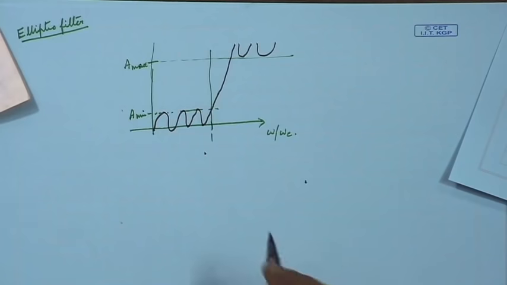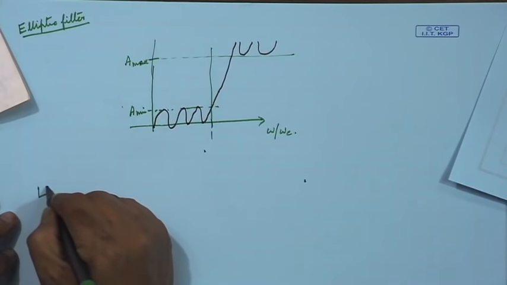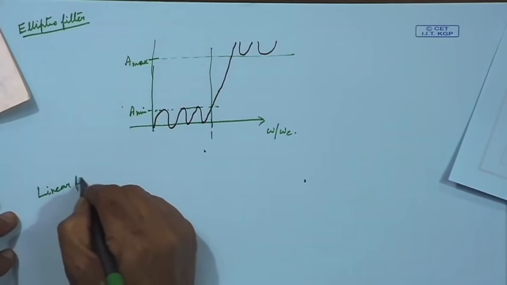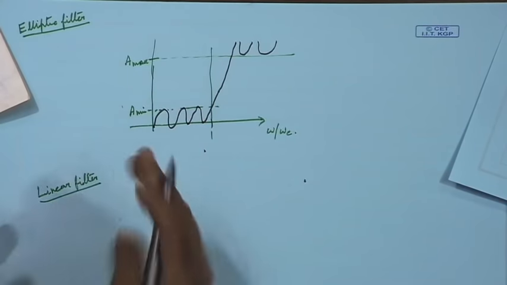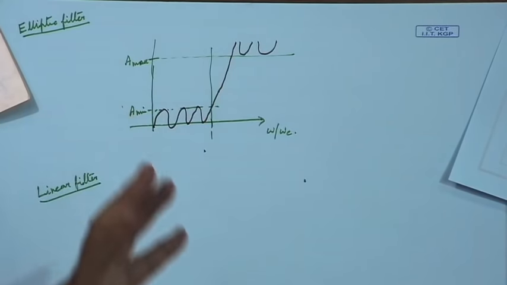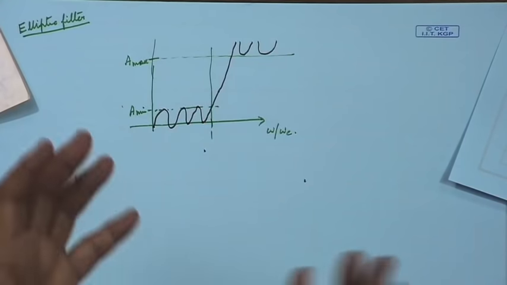elliptic. And there is another one. Sometimes in filters, if your baseband signal, or if you want to process the signal, any baseband signal is not a single tone, it has a spread of frequency. Suppose I am talking up to 20 kilohertz, roughly from 20 hertz to 20 kilohertz.